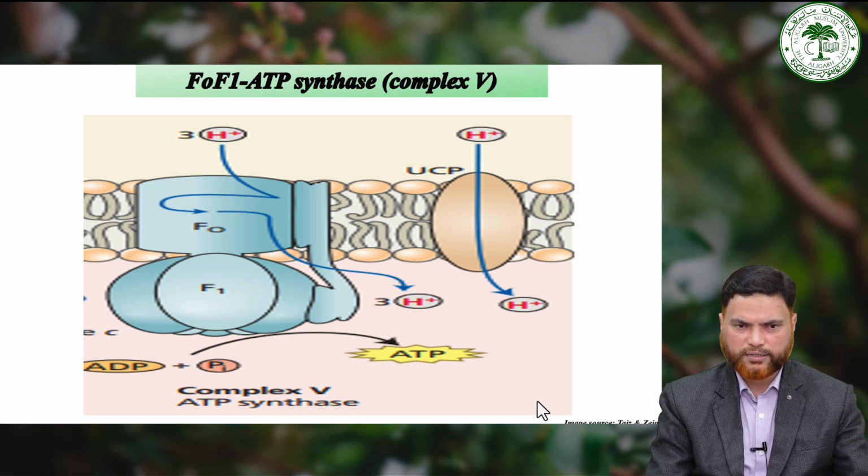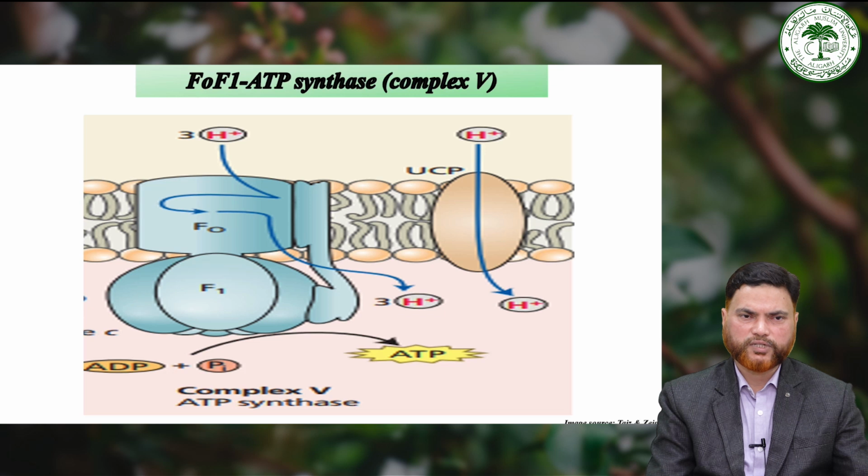You see in the slide with yellow color, where it can be utilized as an energy source for carrying out various cellular processes. Now, how is the functioning of this complex regulated? Generally, complex 5 is regulated to match the cellular energy demands.